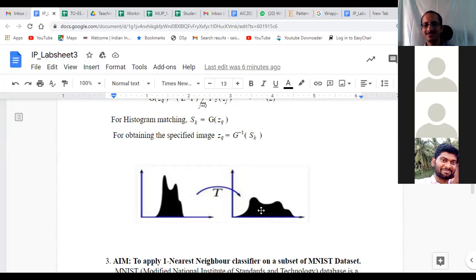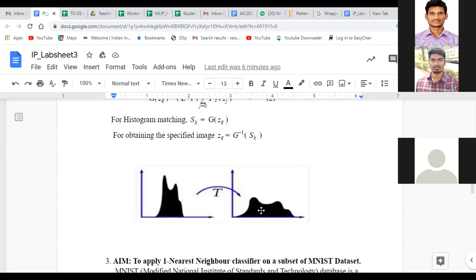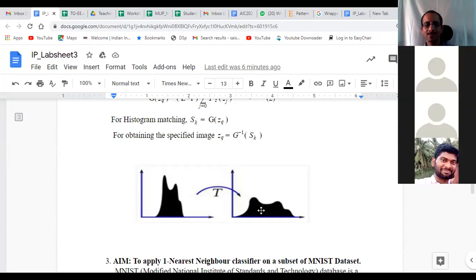Yes, Praveen: reshaping the histogram of the first image with the given image. Adapt the histogram. It's not purely histogram equalization. Okay, Harshavardhan, you are telling something.